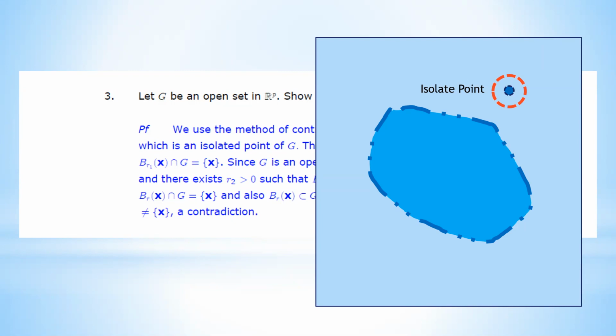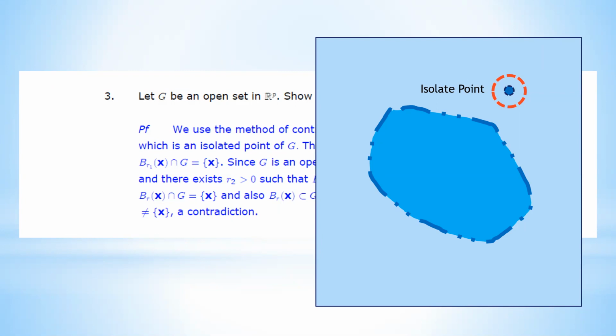It has to be an interior point. Interior point means that there's a small ball surrounding this point, so that every point inside the ball is going to be inside G. So you can see you have two balls. If you take the smaller one, then you can see that the smaller ball will contradict.